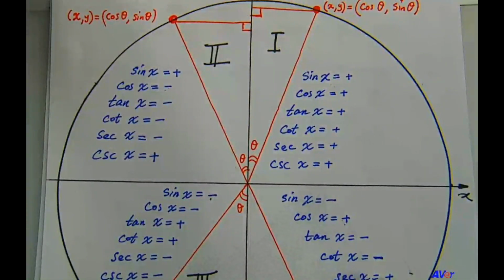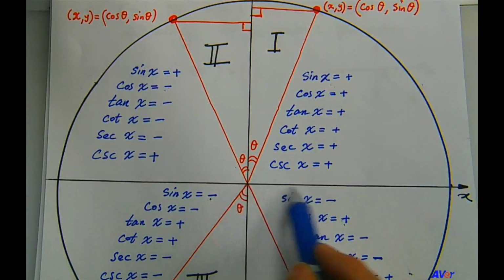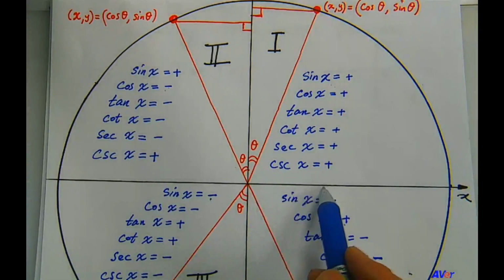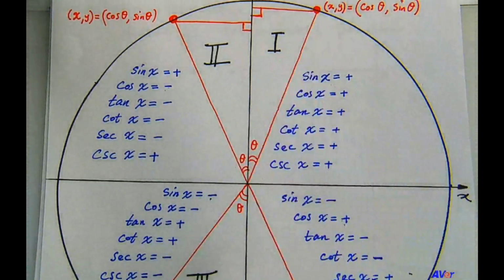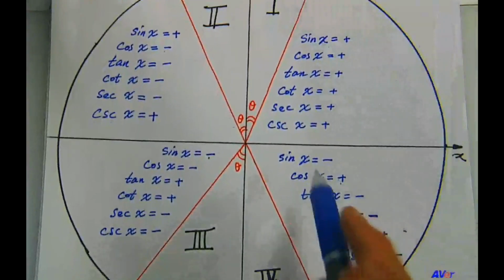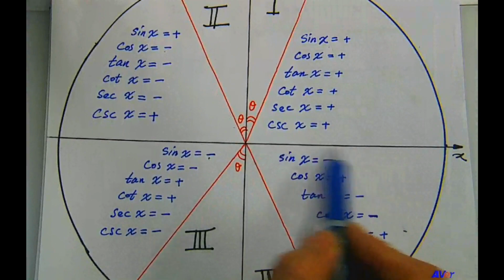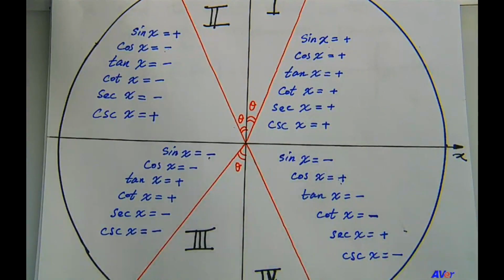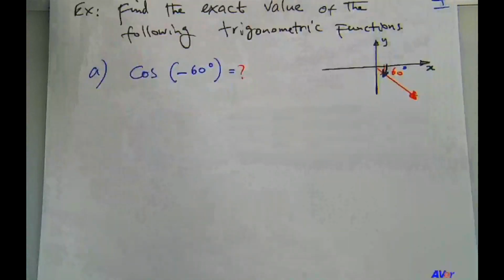So in the fourth quadrant, cosine is positive, yes, because the x-axis in this quadrant is positive. For the first quadrant and the fourth quadrant, the cosine is positive because that's where the positive x-axis is. Okay, so we have positive 1/2, like that.